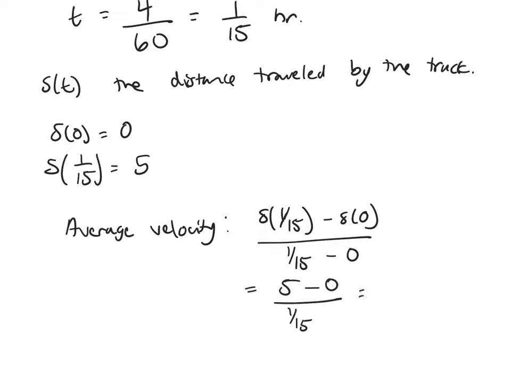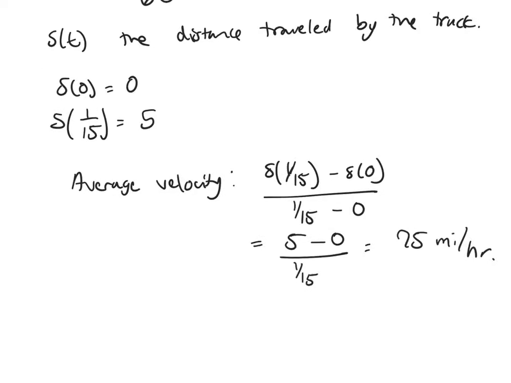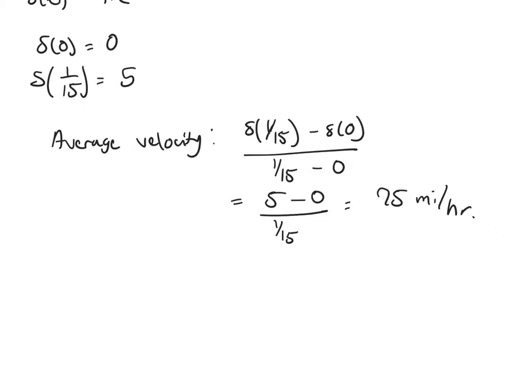So this simplifies down to 75 miles per hour. So the average speed of the truck over that interval is 75 miles per hour.